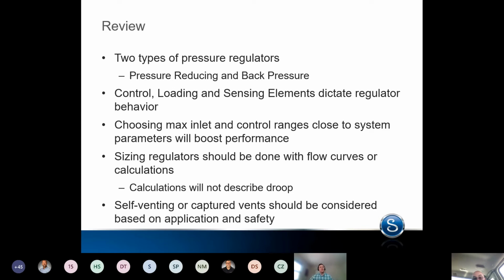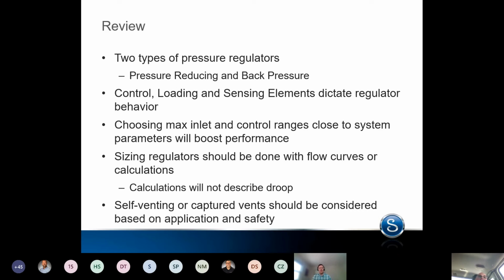If you can, use flow curves to size those regulators. If not, you can rely on the calculations or a flow curve generator, understanding that a straight calculation won't give you any information around droop, but it does give you the right size of pressure regulator.